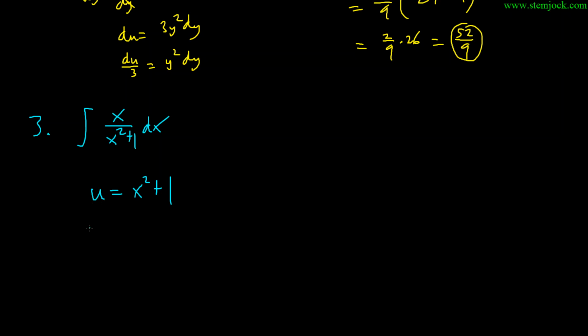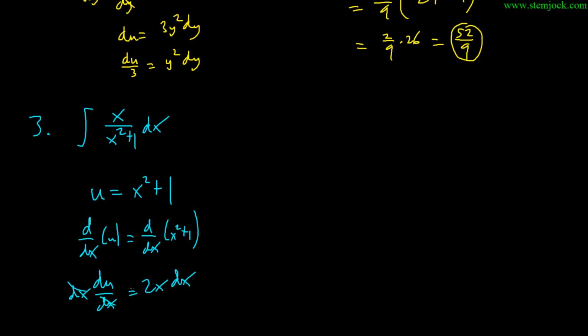Now, if I take the derivative of both sides, d/dx of u equals d/dx of x squared plus 1. On the left, I have du/dx equals 2x. And if I multiply both sides by dx, this cancels, and I'm left with du equals 2x dx.